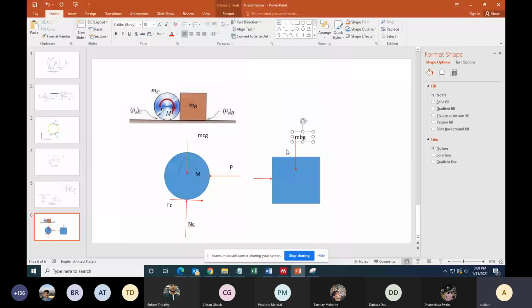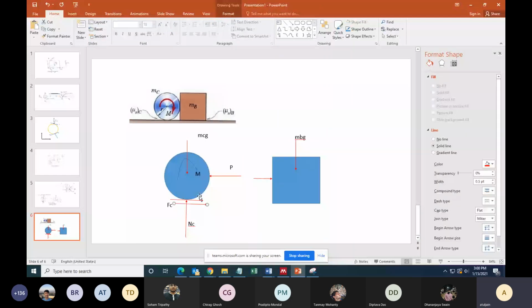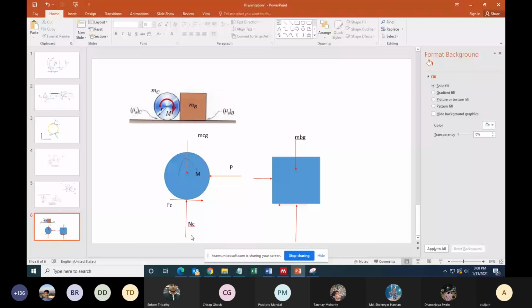And then what will be the direction of FB, right to left or left to right? Right to left, sir. Correct. And this is NB. Something like this, yes, everybody? Yes, sir.